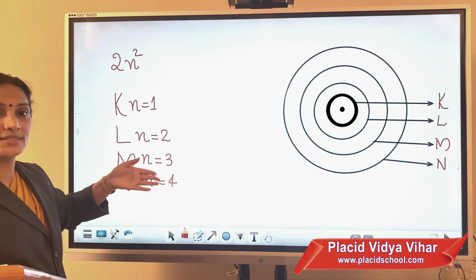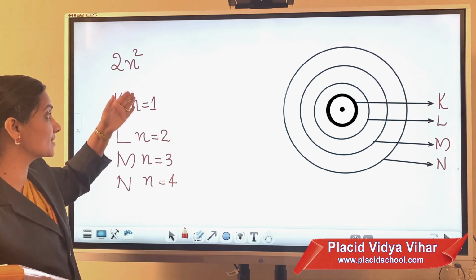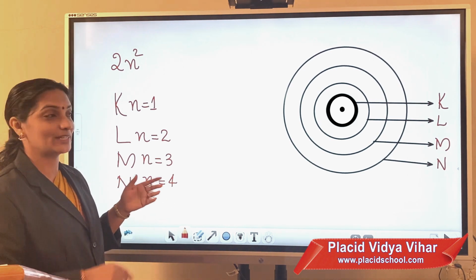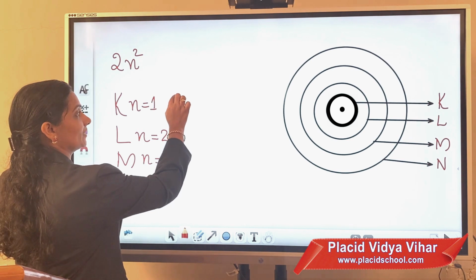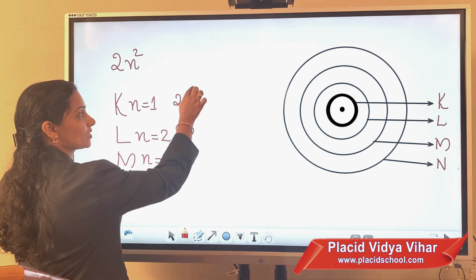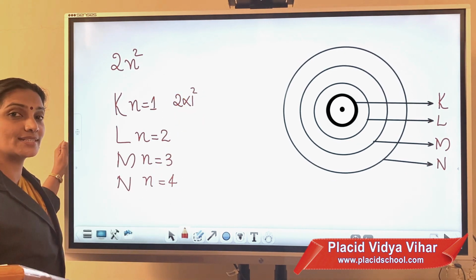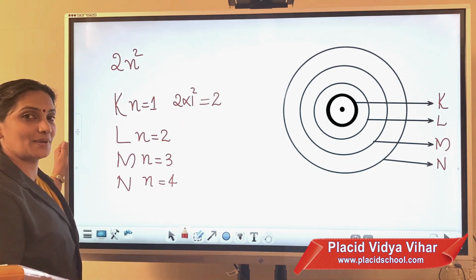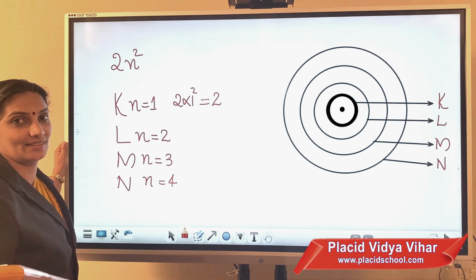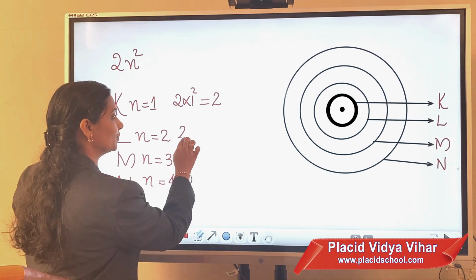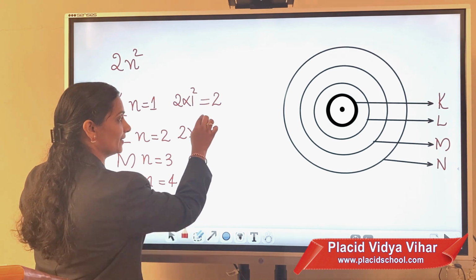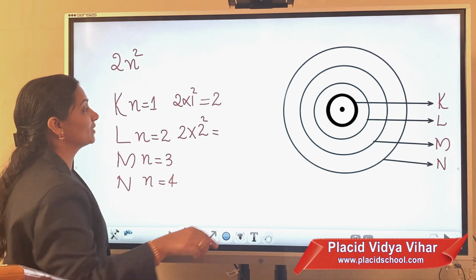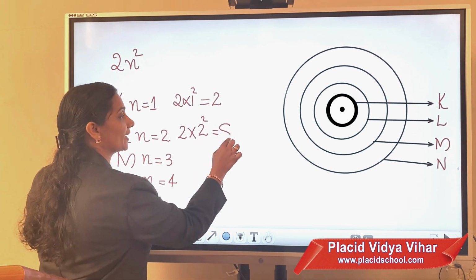Can you calculate the maximum number of electrons in these shells? You can calculate it in your notebook now. For K, 2 into 1 square is equal to 2. What is the maximum number of electrons in the second shell? It is given by 2 into 2 square, which is equal to 8.